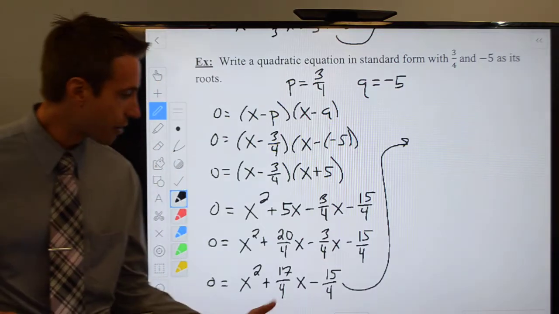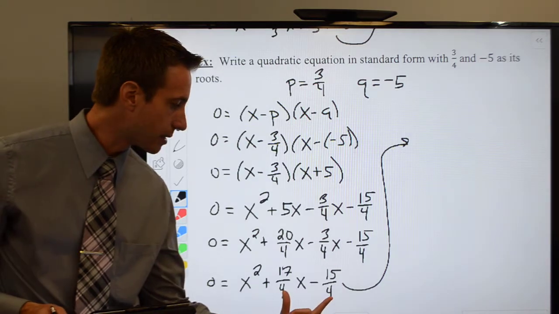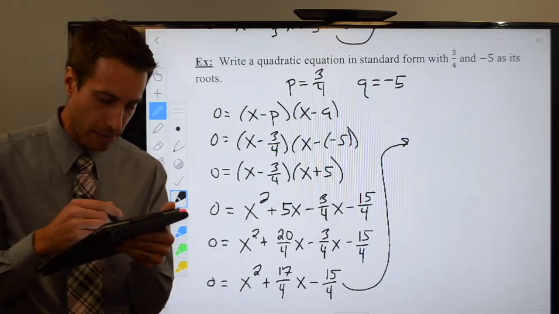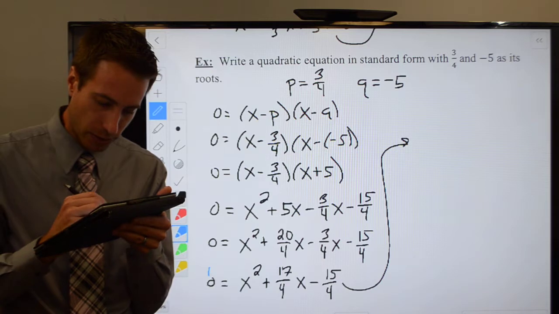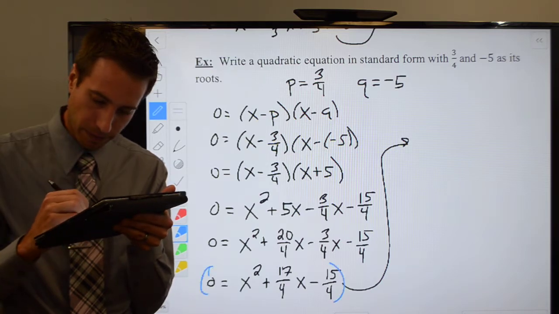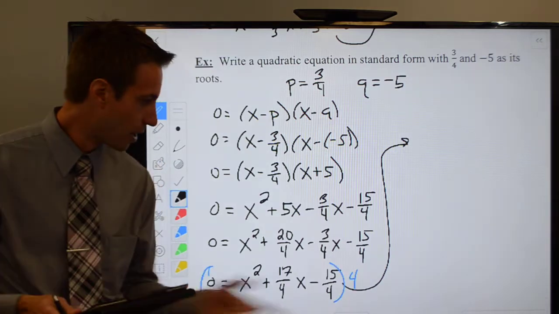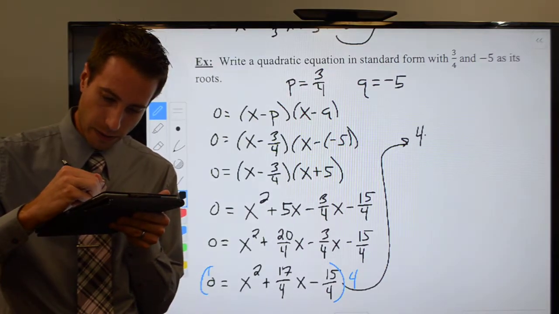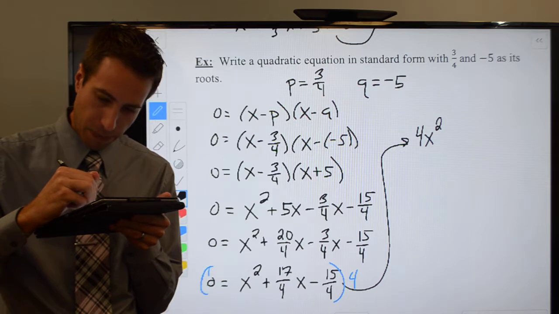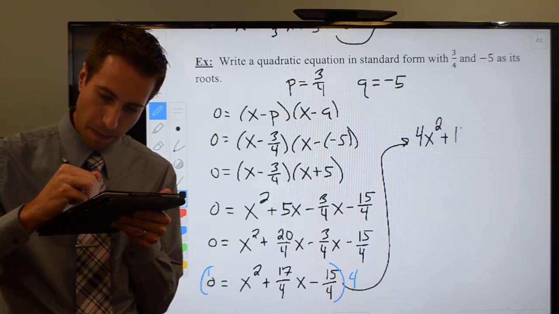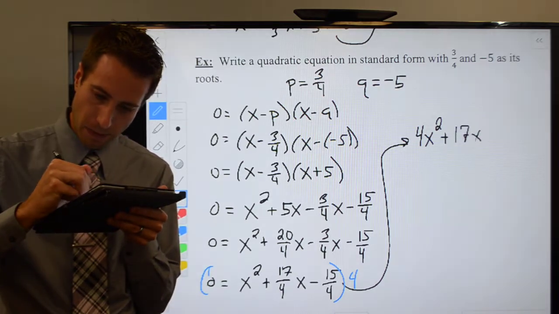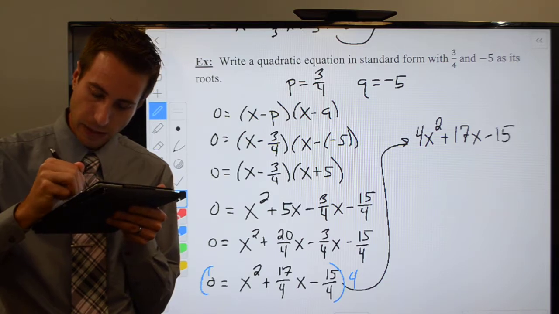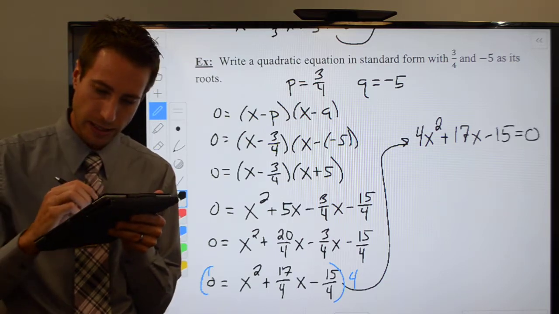Now again, standard form, I need to go ahead and get rid of those denominators, which I can do by multiplying the whole thing by a positive 4. That's going to give me 4x squared plus 17x minus 15 is all equal to 0.